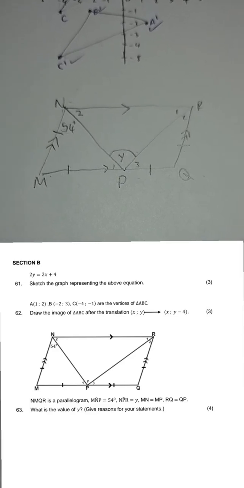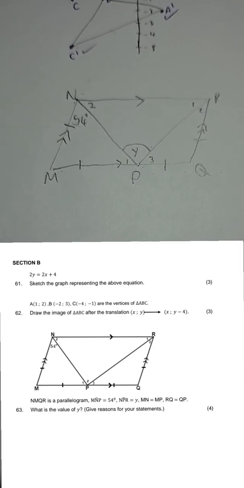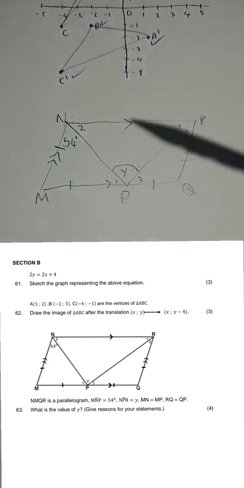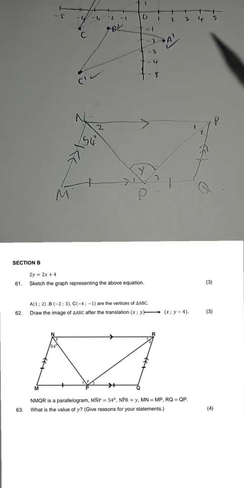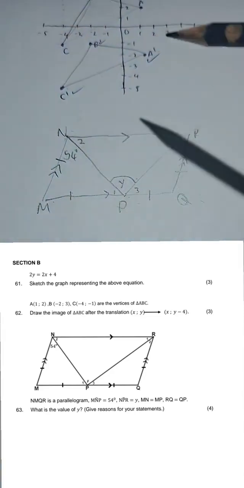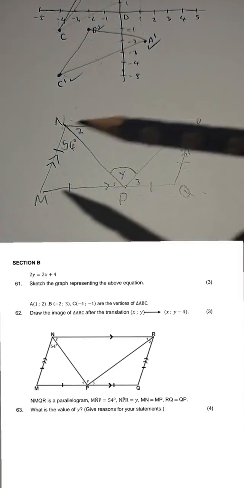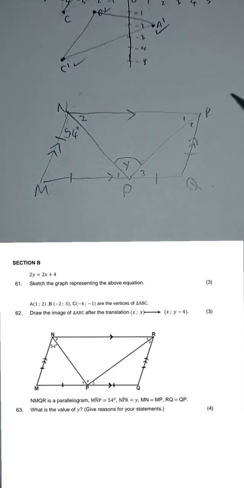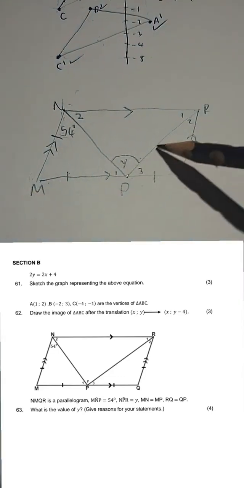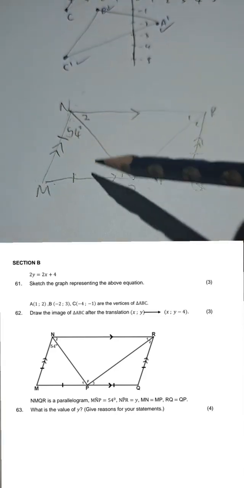Now, Cordelia is saying Y is equal to 54. Cordelia, we can't be further from the truth in saying that. Remember, if these two lines were parallel, then you could say that. But these lines are not parallel.